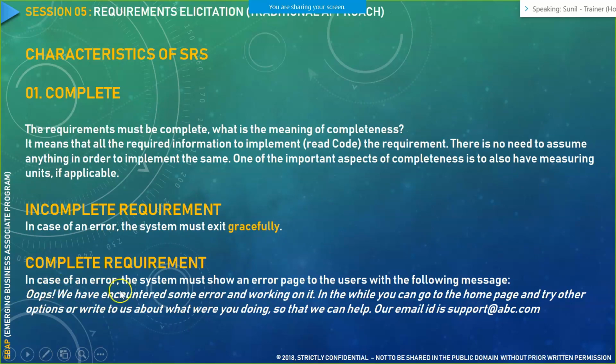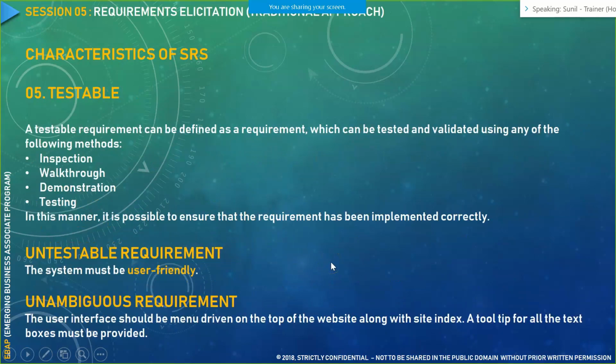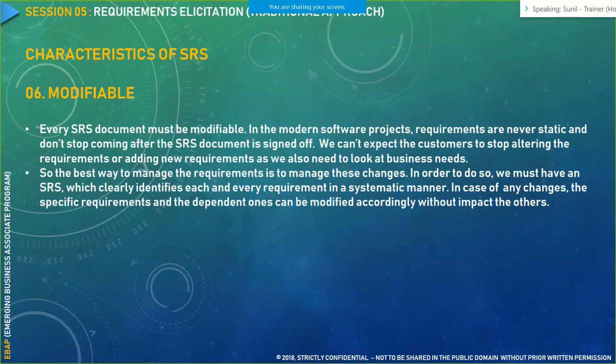Now, if the user comes today and says our support email address has changed, instead of support, you have to write helpdesk at abc.com. So here the requirement is modified. You are only changing support to helpdesk, not the entire requirement. So that is what the last characteristic of a system requirement specification says, that it has to be modifiable.